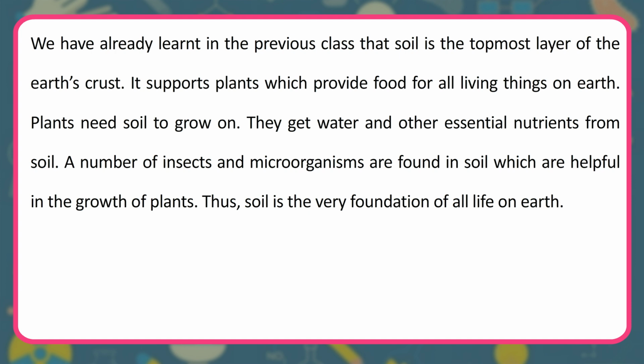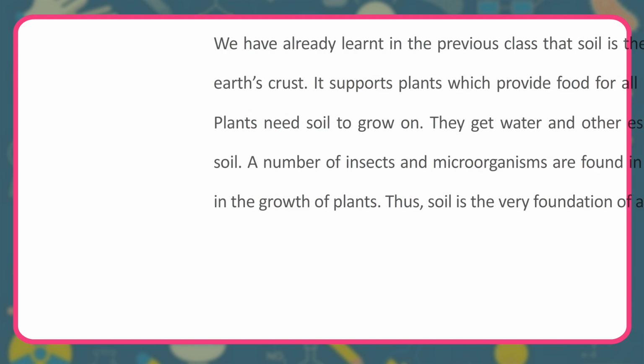It supports plants which provide food for all living things on Earth. Plants need soil to grow on. They get water and other essential nutrients from soil. A number of insects and microorganisms are found in soil which are helpful in the growth of plants. Thus, soil is the very foundation of all life on Earth.